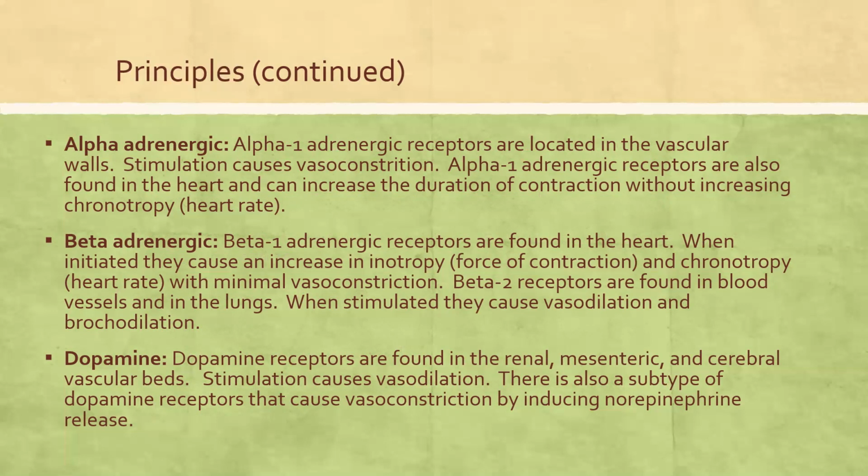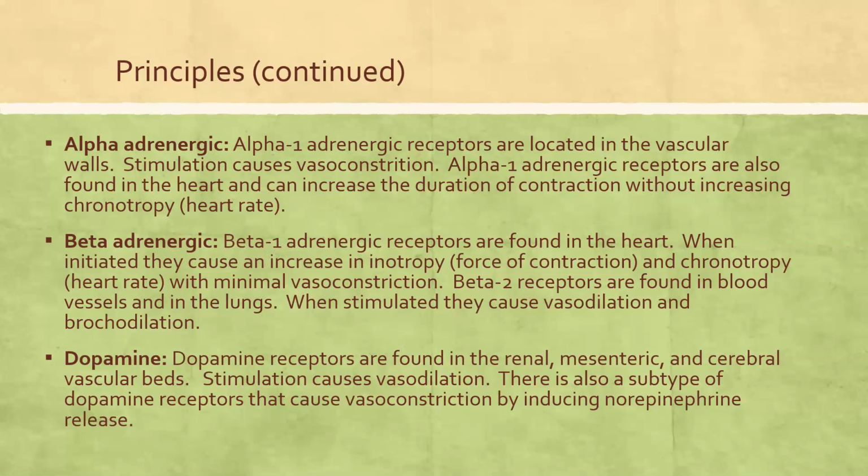Beta-1 increases the force of contraction and the rate of contraction, but with minimal vasoconstriction. Do you see how already these drugs are not equal? We also have some beta-2 receptors that are found in our blood vessels and our lungs. Beta-1 is in our heart, causing an increase in the force and the rate of contraction.